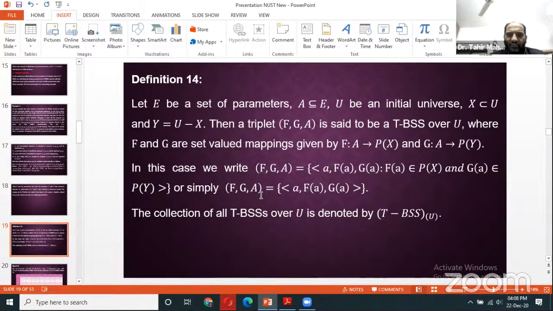Or simply, (F, G, A) can be represented by this notation. The collection of all T-bipolar soft sets over U is denoted by this notation.